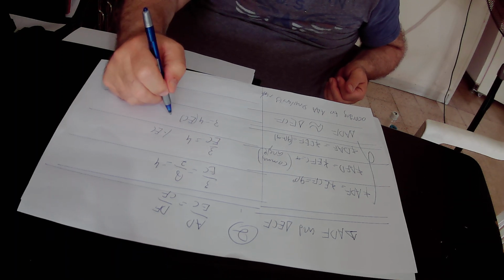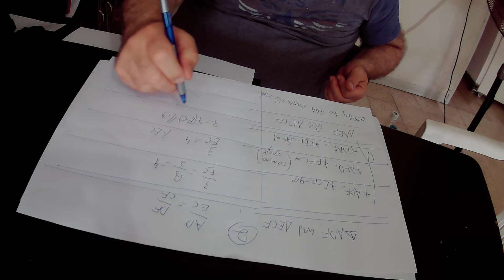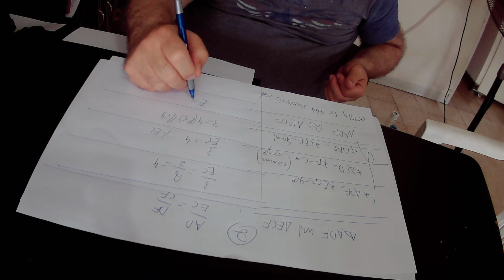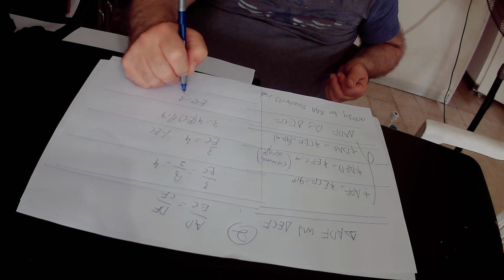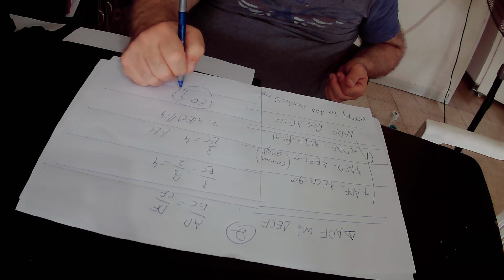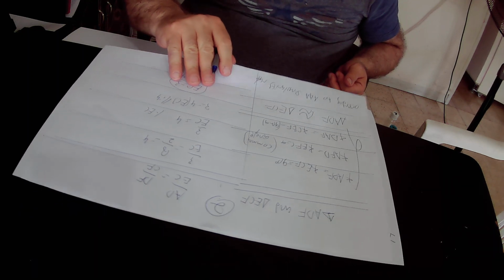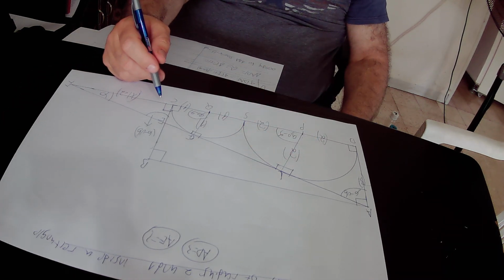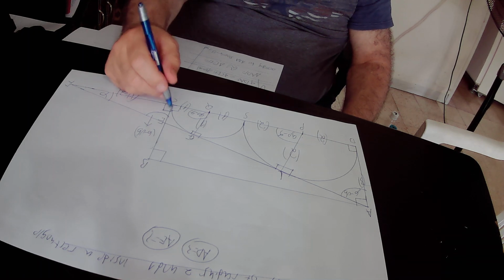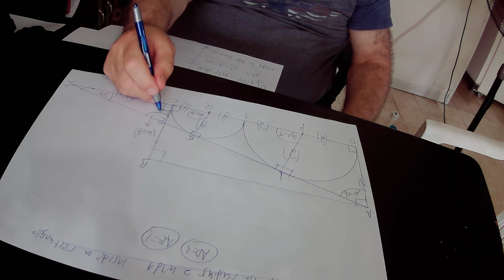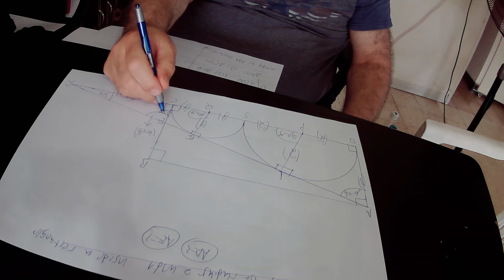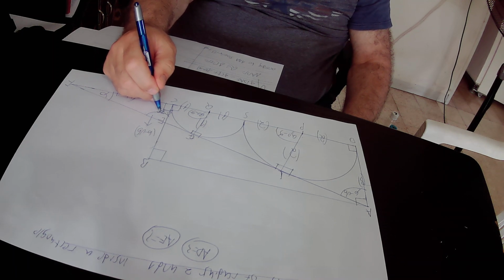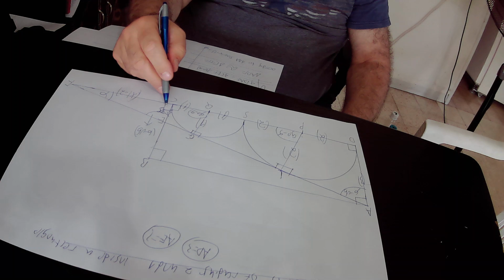Here we divide this equation by 4, and finally we get that the missing side EC equals 3/4, which is 0.75.